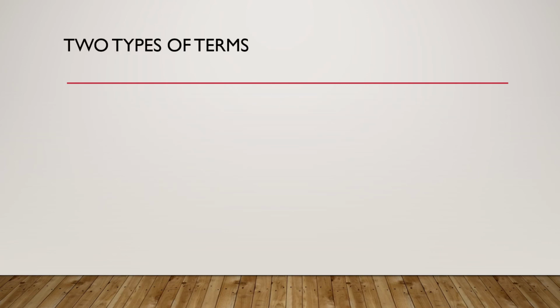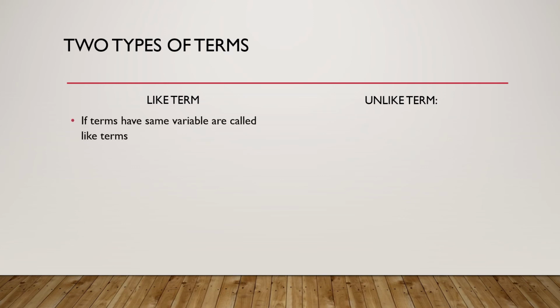There are two types of terms. Let's know what they are. The first one is like terms and the other is unlike terms. In like terms, the variables are the same. In an algebraic expression, if the variables are the same, as I already said, variables are nothing but the alphabets x, y, a, b or anything, it should be the same.